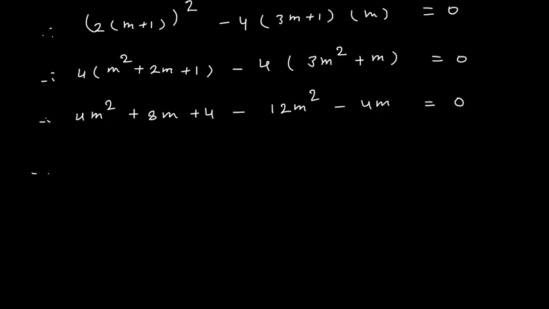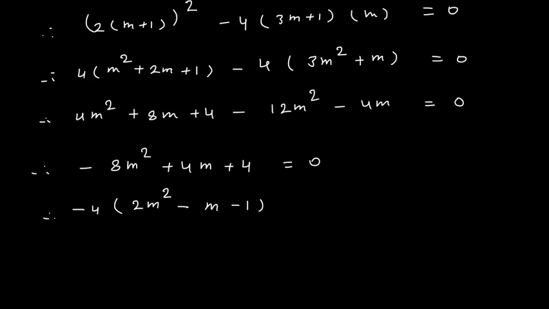So 4m square minus 12m square is minus 8m square, plus 4m plus 4 is equal to 0. So let us take minus 4 common. So here we have 2m square minus m minus 1 is equal to 0. So therefore it gives me 2m square minus m minus 1 equal to 0.